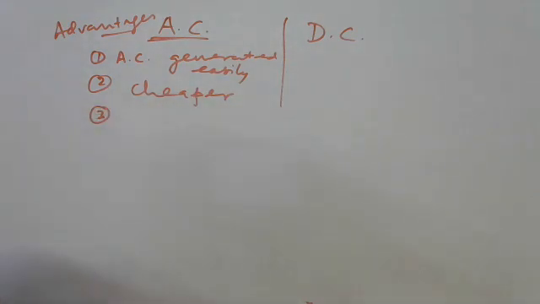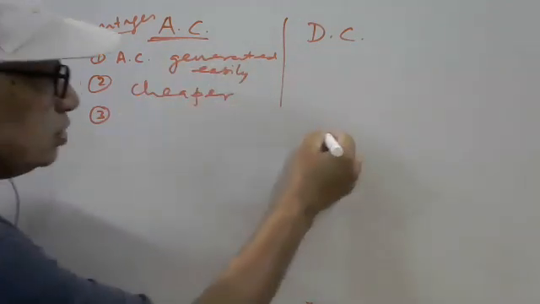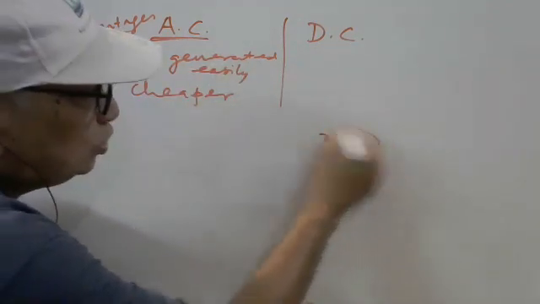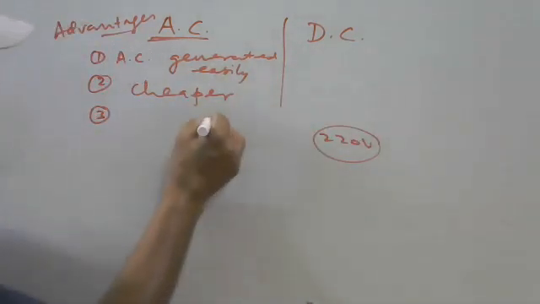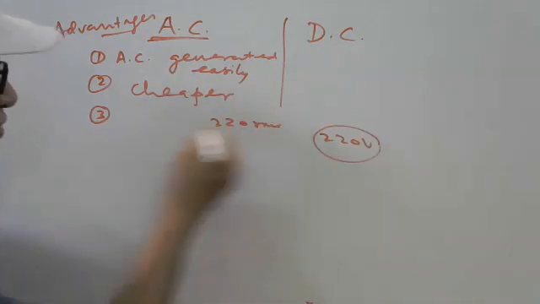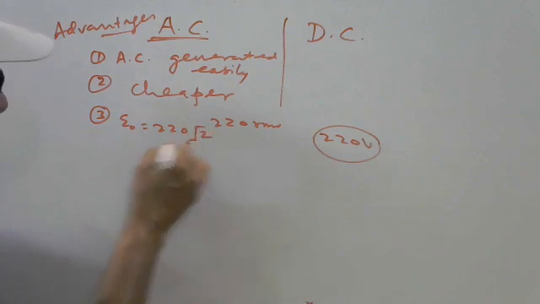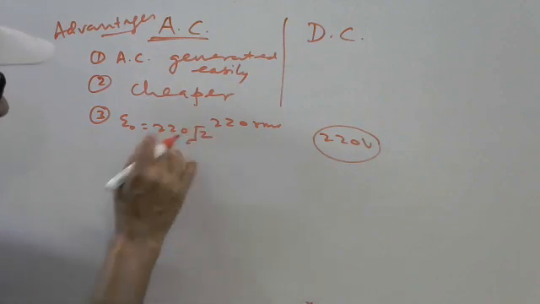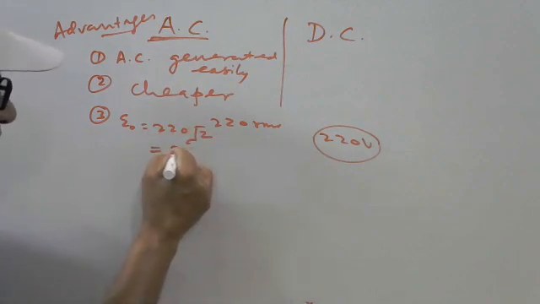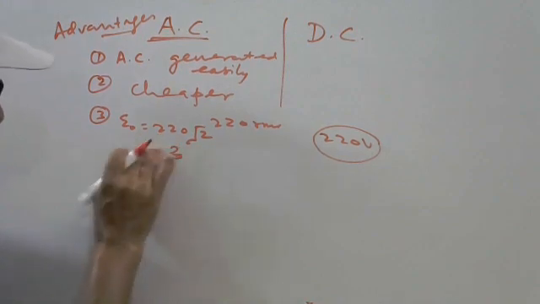Here the RMS value of 220 volt AC is the same as 220 volt DC, but 220 volt RMS will give you a maximum value of 220 root 2, which is about 310, more than 300.